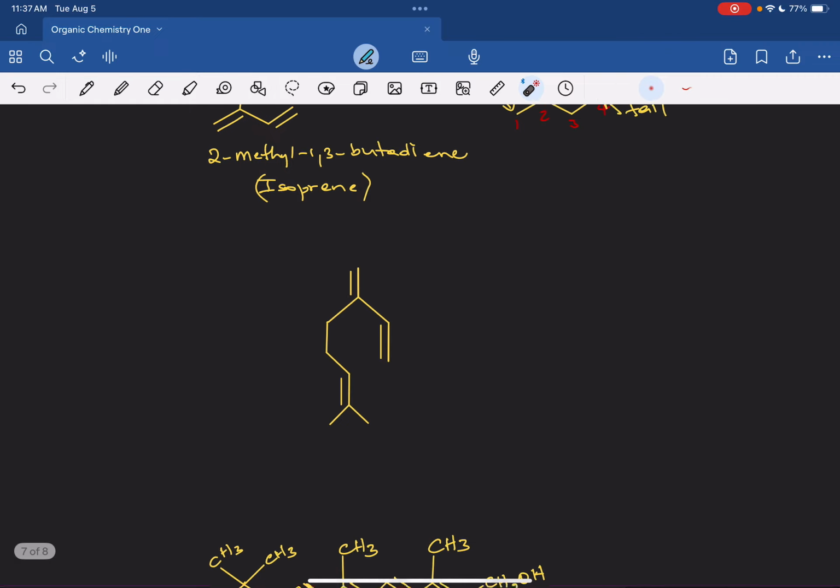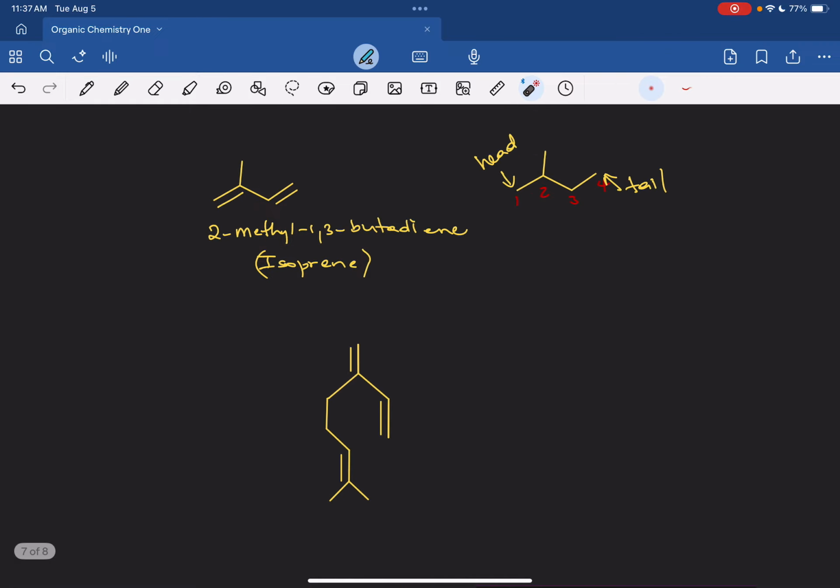All right, we're going to start with a simple one. When you're trying to find your isoprene units, this molecule, by the way, is a terpene. So now let's find the isoprene unit in this terpene. Here's my recommendation. You know that this is the framework you're looking for. I know that on carbon 2 I have a CH3.